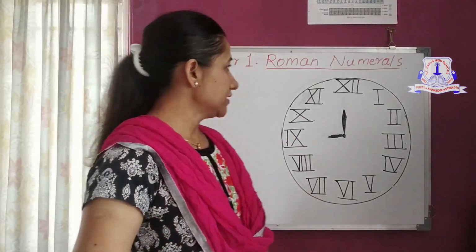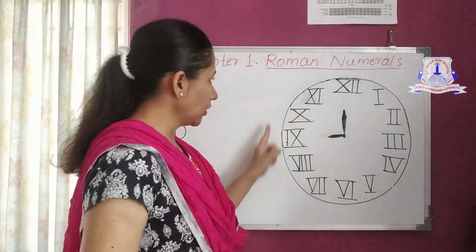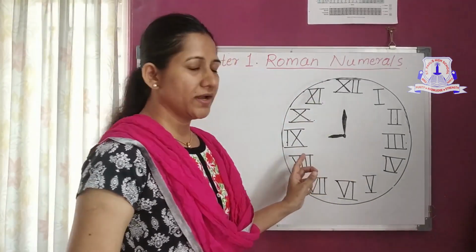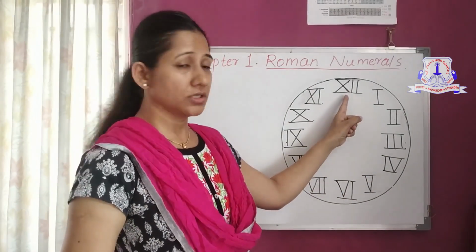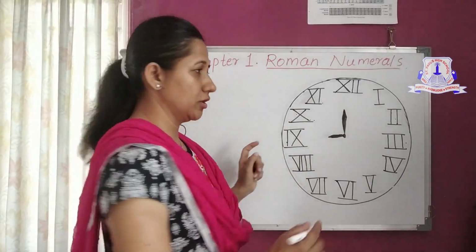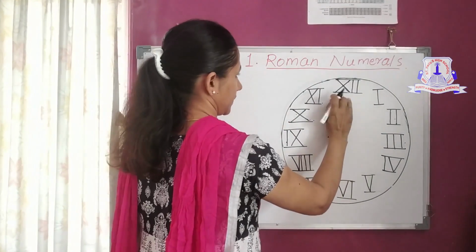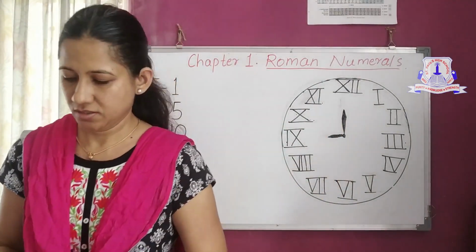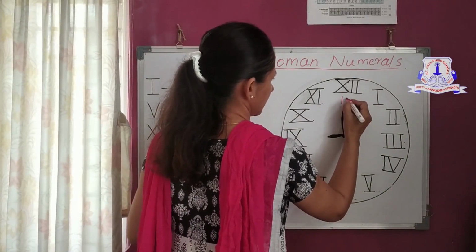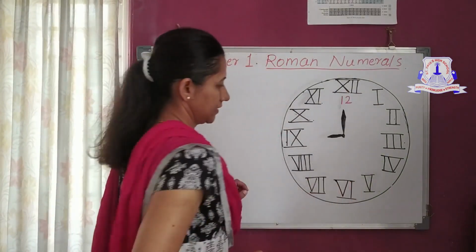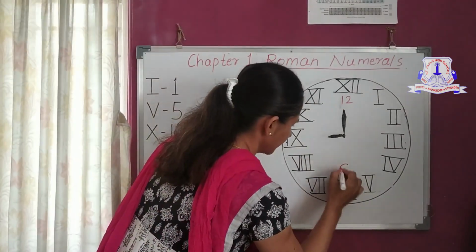Students, if you observe these symbols as per the clock drawn, you are quite familiar with the clock. At the exact top you have number 12. I will be using a red marker for that, so it will be prominent. Then exactly below 12 you have number 6.